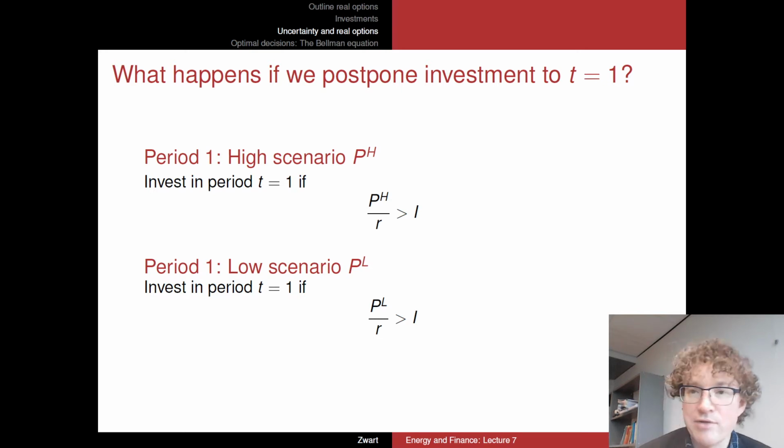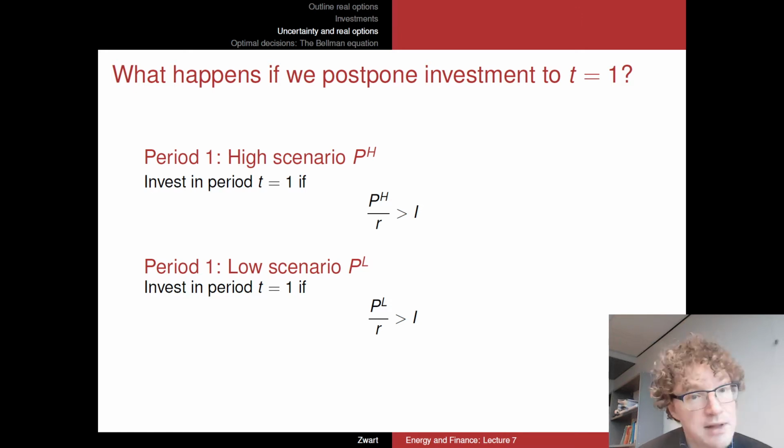Because now again we have to wonder what happens if we have the opportunity to not just make the investment today, but on the other hand we might want to wait and postpone our investment decision to t equals 1, so to next year, when we know in which scenario we have ended up. So in period 1 we know whether we have ended up in the high scenario, where P will be equal to PH, the high price, forever.